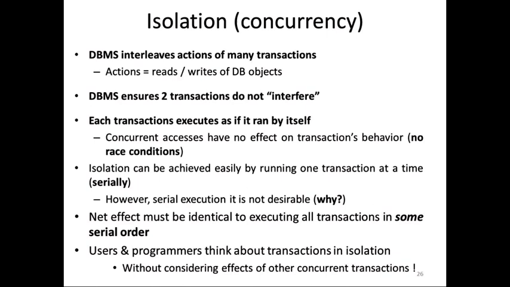And ultimately, that the result will be as if each transaction executes by itself. It is the only one being executed over the data. So in other words, the database system must ensure that there are no race conditions. And remember that we saw such an example before, race conditions being results of concurrent executions that we would not get if transactions were to be executed one at a time instead of in parallel. So results that would not be possible without concurrency.